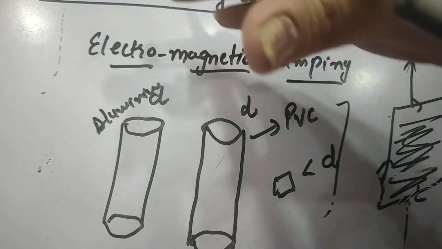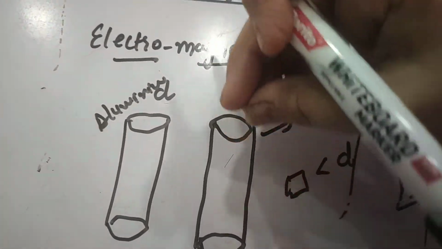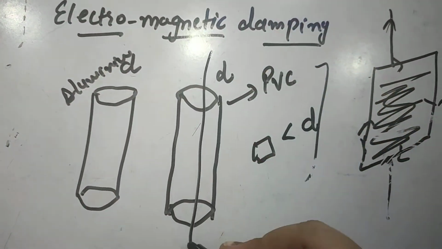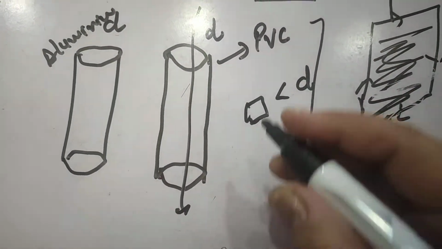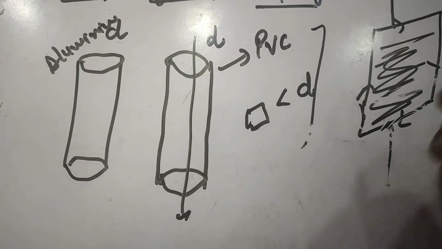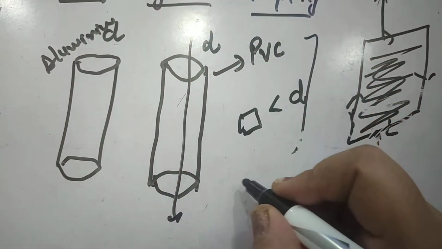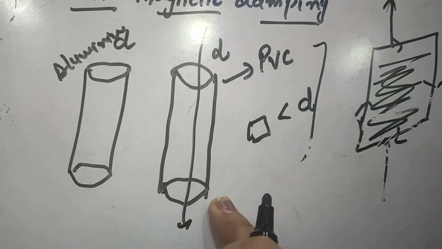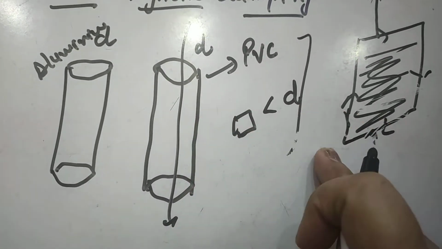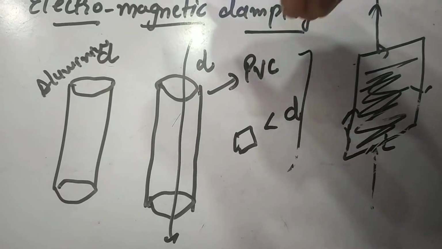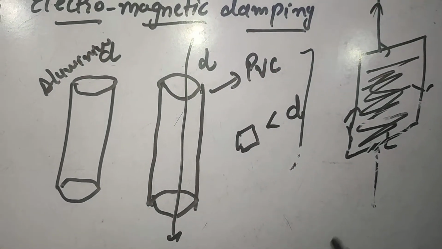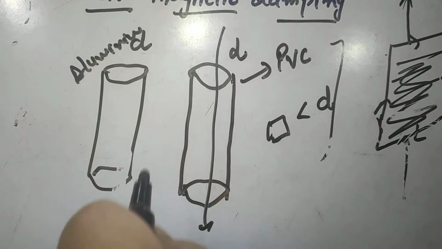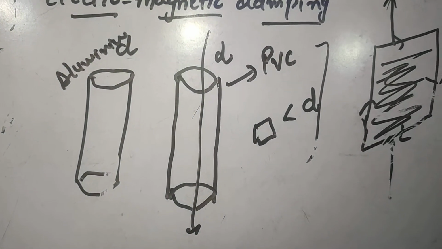When we first throw it through the PVC pipe, it comes down, and we observe the time with a stopwatch. We find that the time in which the magnet reaches the ground through the PVC pipe is exactly the same as when we drop it freely through the air. But when we throw this magnet through the aluminium pipe, it takes much longer.